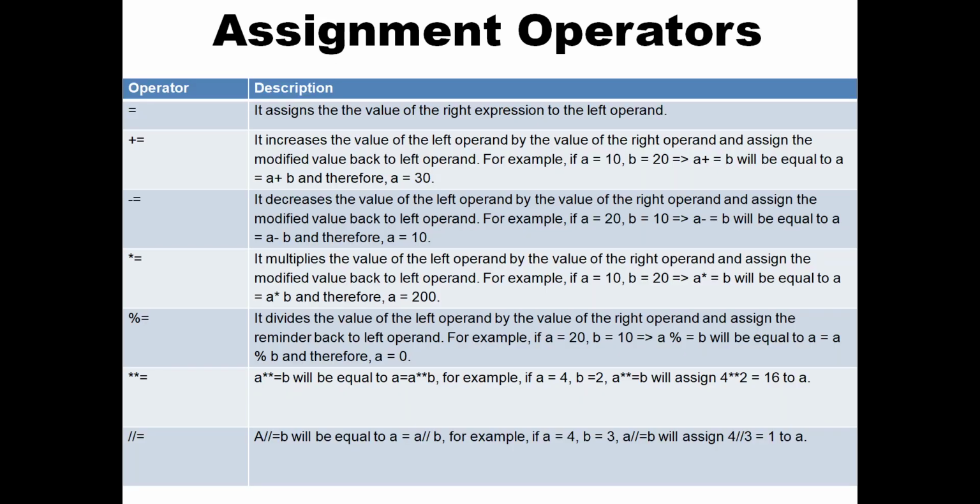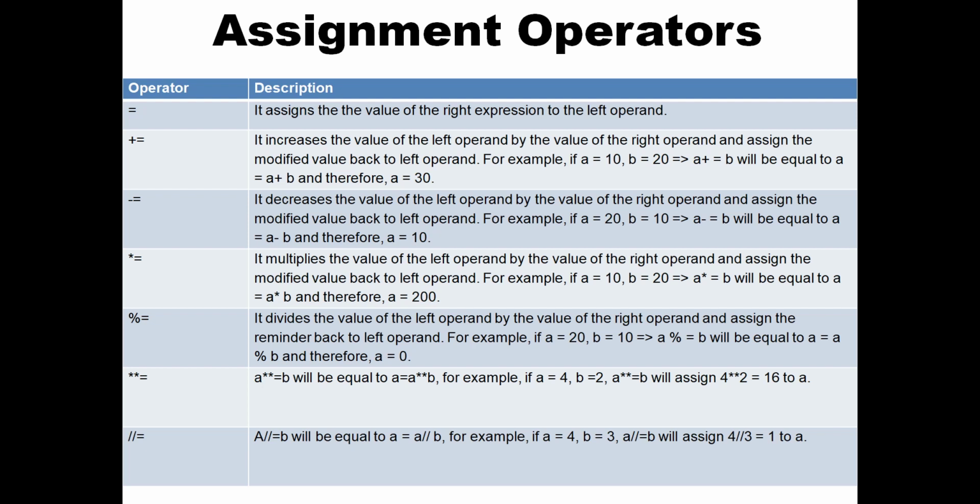Assignment operators. We have another one called the assignment operator. The assignment operators are used to assign the value of the right expression to the left operand. The assignment operators are described as equal to, plus equal to, minus equal to, star equal to. It multiplies the value of the left operand by the value of the right operand and assigns the modified value back to the left operand.